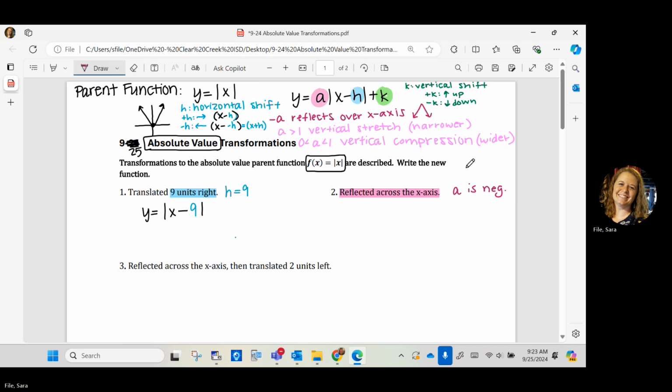So a is negative 1. So when I go to write my equation, y equals, the a goes out in front. There's no horizontal shift, no vertical shift. I simply put the negative out here in front. I do not have to write 1. 1 is understood. I just write negative. So the negative absolute value of x.